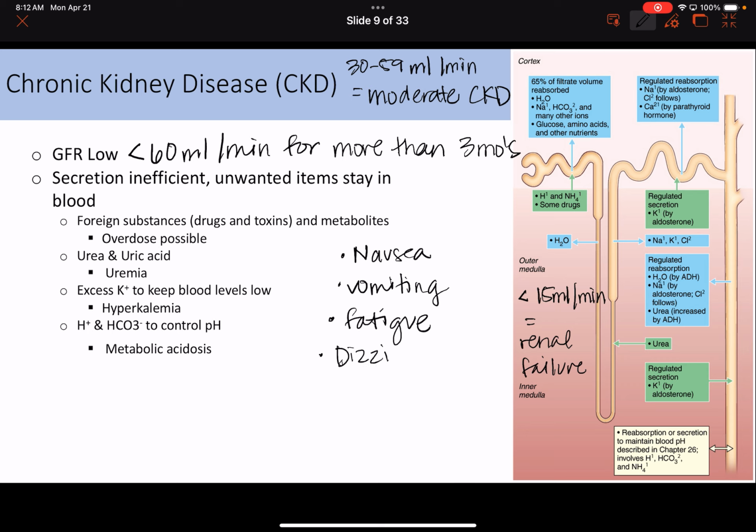This is all due to the buildup of toxins in the blood. Loss of mental sharpness. And then depending on what the issue is or what your kidney function is at the time, you may urinate more or less.